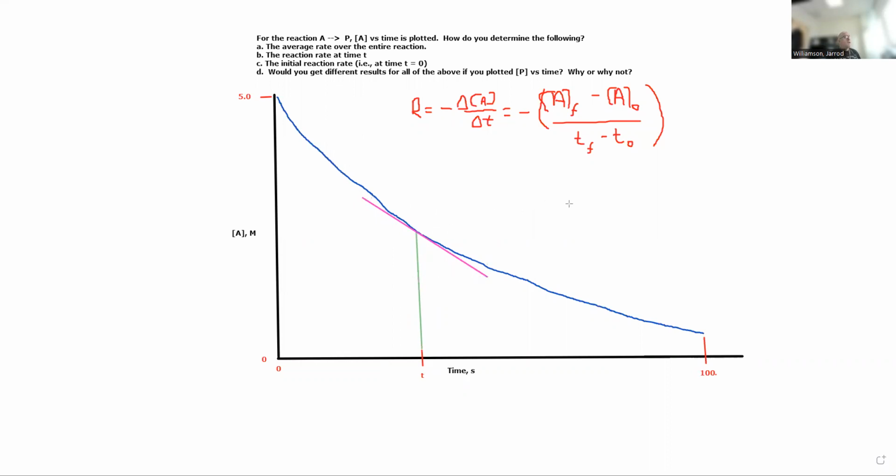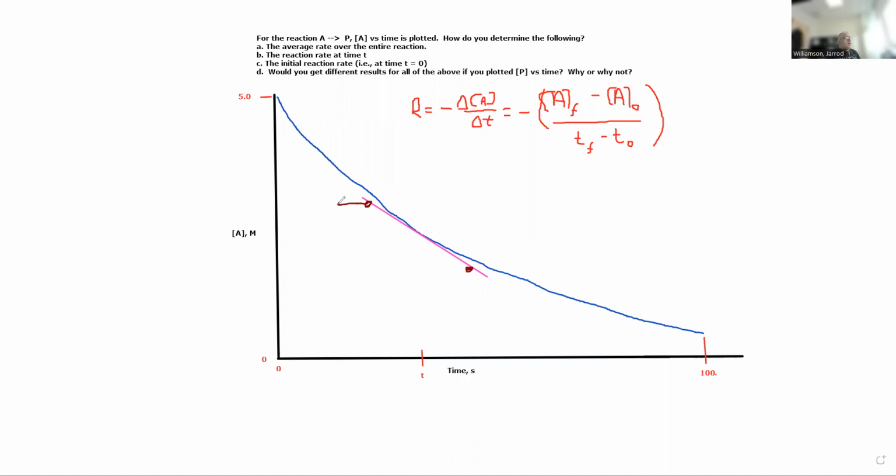Okay. And then what I'm going to do is take 2 points off the tangent line. Let me change the colors here. I'm going to take a point right here off that tangent line and a point right here off that tangent line.